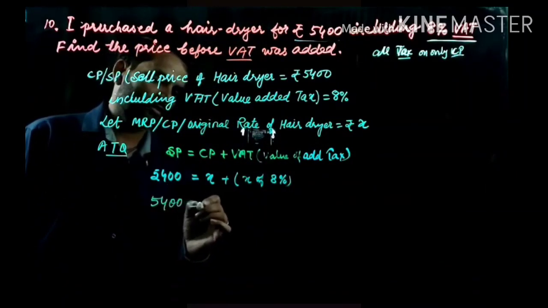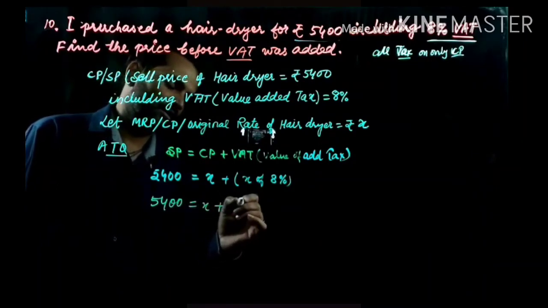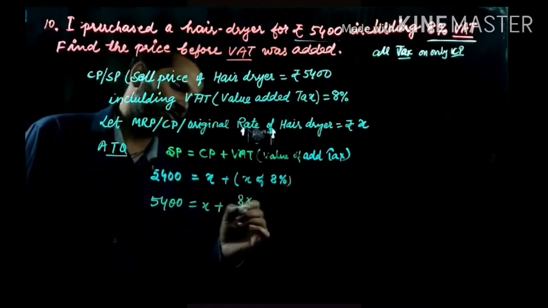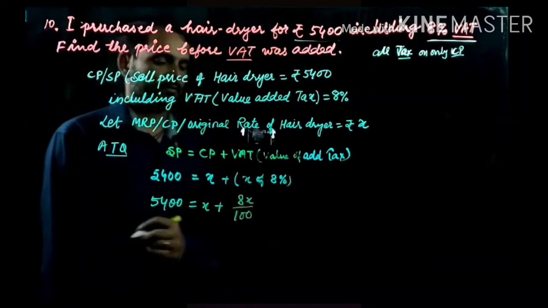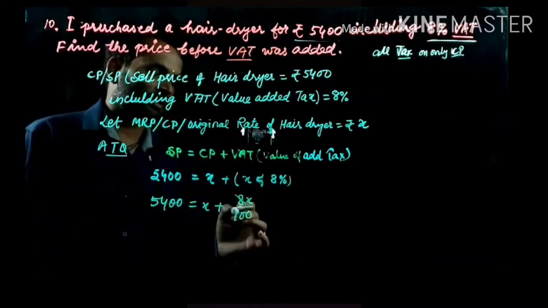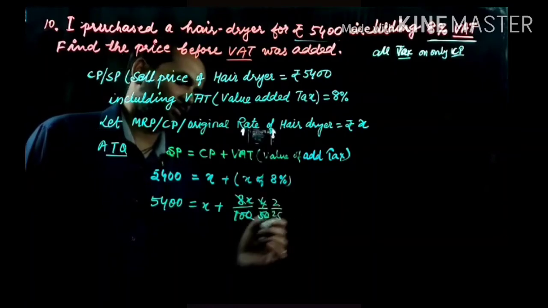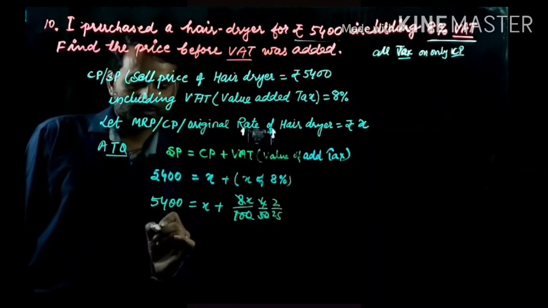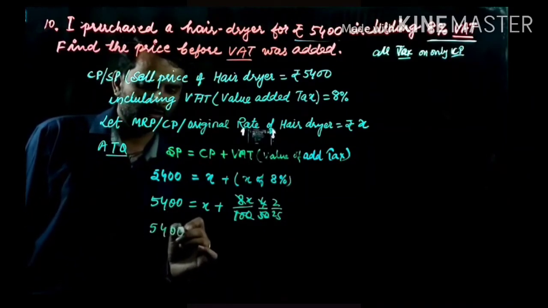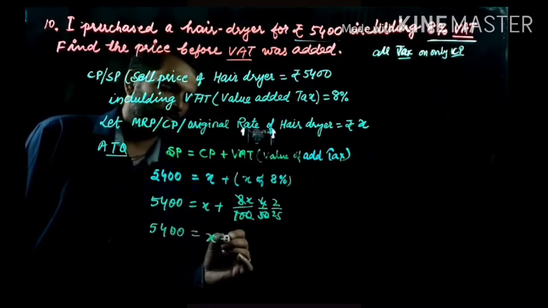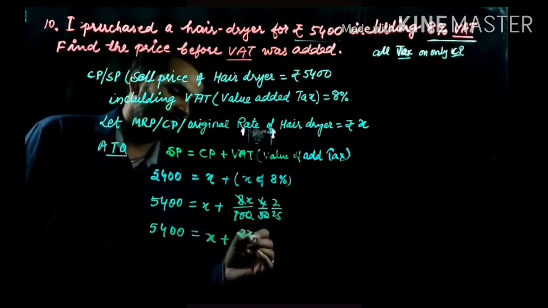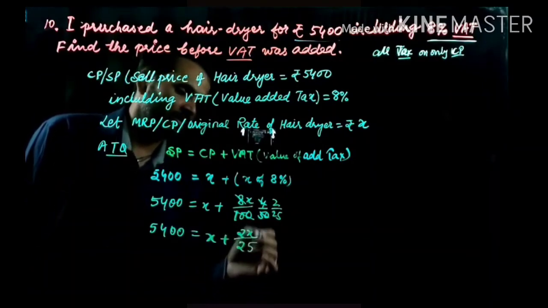So then 5400 is equal to X plus 8x upon 100. 8x upon 100 after cancellation is 4 upon 50 and then 2 upon 25. It means the final value is 5400 is equal to X plus 2x upon 25.